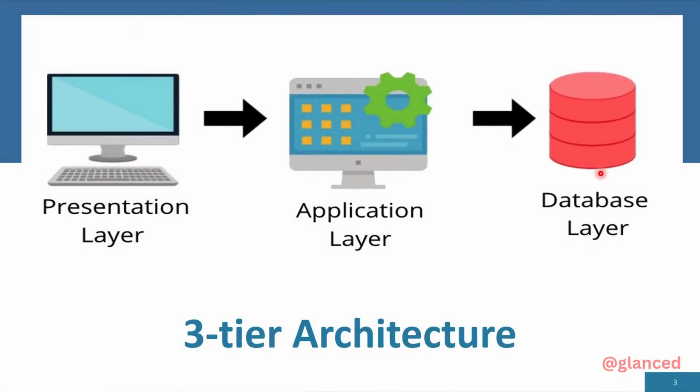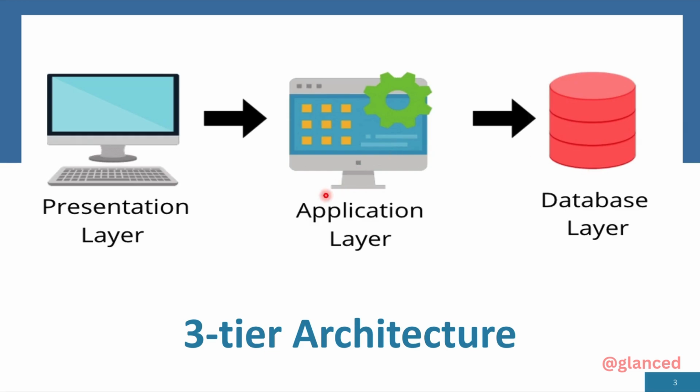What is three-tier architecture? I will give you an example. For instance, you wanted to order something from Amazon mobile application. What you will do? You will go to that particular app and you will search for that particular product. By checking all the description and details about it, you will at last place the order, right?